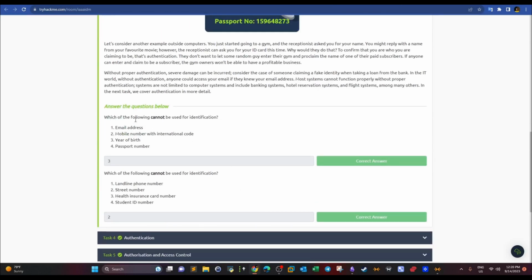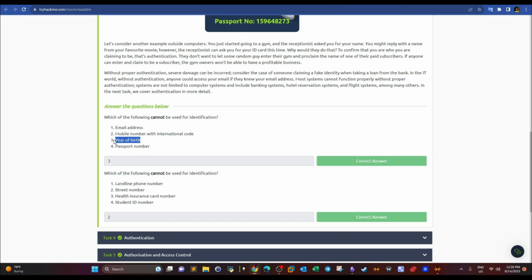Alright, questions regarding identification. Which of the following cannot be used for identification? Email address can be used for identification. Mobile number can be used for identification because they are unique things attributable to you as a person. Your email address, no one else can have it. It's unique for you. No one can register the same mobile number. Year of birth is not something unique.